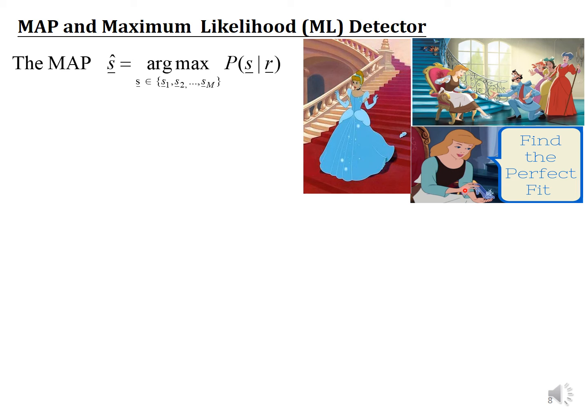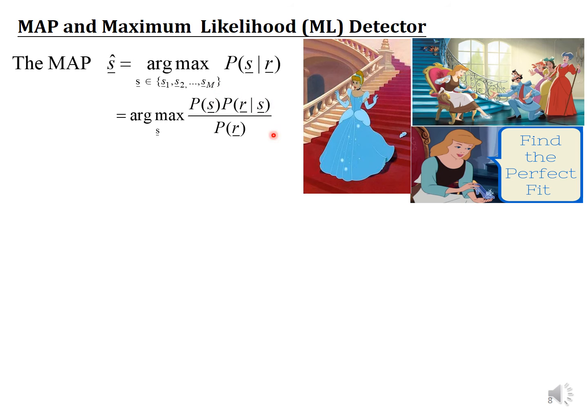Then we make the decision that this is the estimate of the candidate of the transmitted signal, and in this way we have the optimum that will minimize our error. And this conditional probability is based on this received signal R.